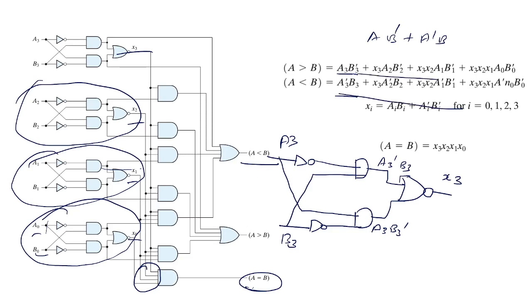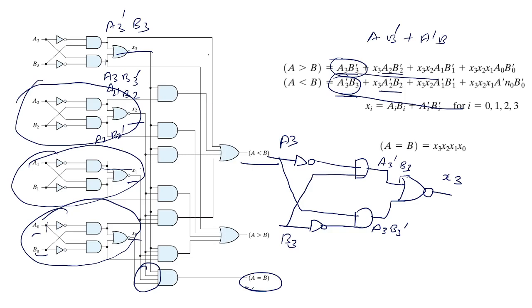Where can you find this A3 B3 prime? See here. So this is A3 B3 prime. What is this? A3 prime B3. So A3 prime B3 is here, A3 B3 prime is here. I can make use of this, and this is A2 prime B2, this is A2 B2 prime. So everything will be useful.